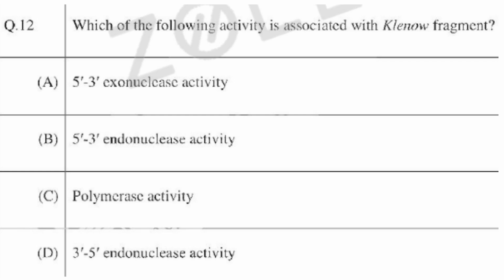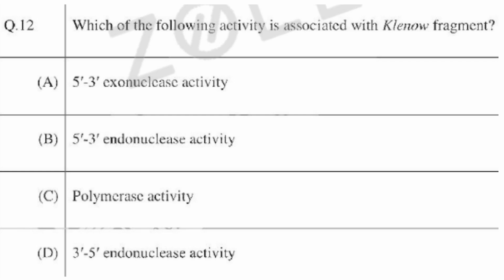Then next one. Which of the following activity is associated with Klenow fragment? So Klenow fragment is a large fragment of E. coli DNA polymerase 1 and it retains polymerase activity and proofreading activity. Proofreading activity is 3' to 5' exonuclease activity. Okay, and it lacks the 5' to 3' exonuclease activity of DNA polymerase 1.